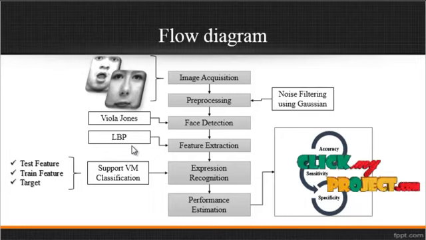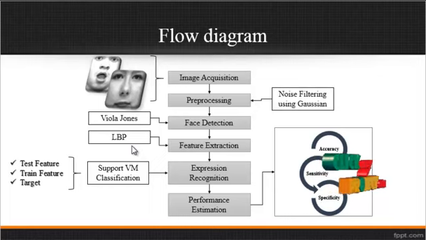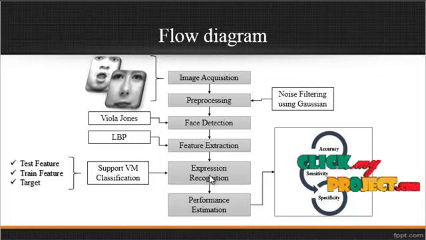LBP is the local binary pattern, which extracts the pattern regions present in the facial regions. After extracting these facial features, we concatenate them as a feature vector. Then facial expression recognition is carried out using a classification method.